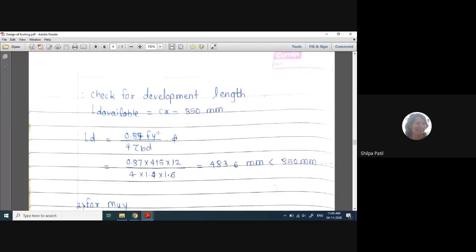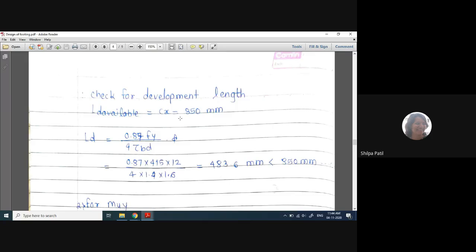By making use of this formula, 0.87 Fy upon tau BD is calculated the same way as whatever we have done for design of slabs. Those values are calculated here and the value is coming as 483.6. This is the required development length. What is the available development length? Development length is actually the length of the projection which we are providing from the face of the column.